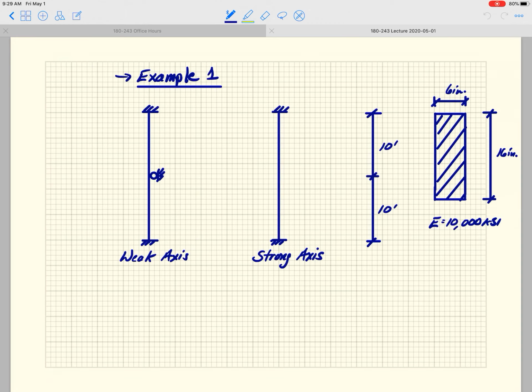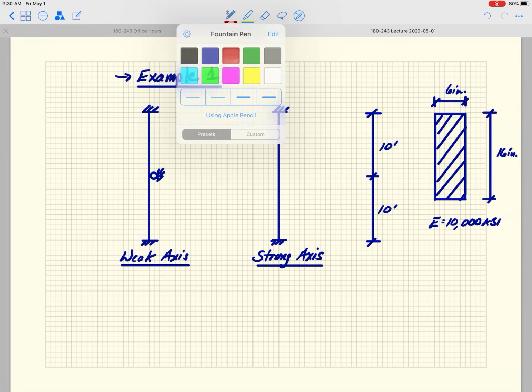So in this particular case, and this, by the way, is a problem that is definitely on the FE exam. Every FE exam I've ever seen has some sort of variation of this problem on it. So we've got a weak axis and a strong axis.